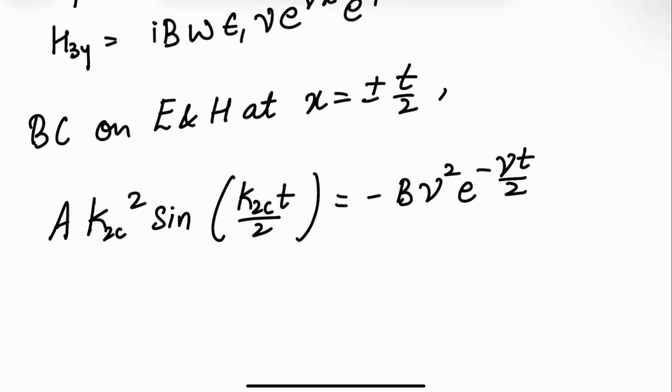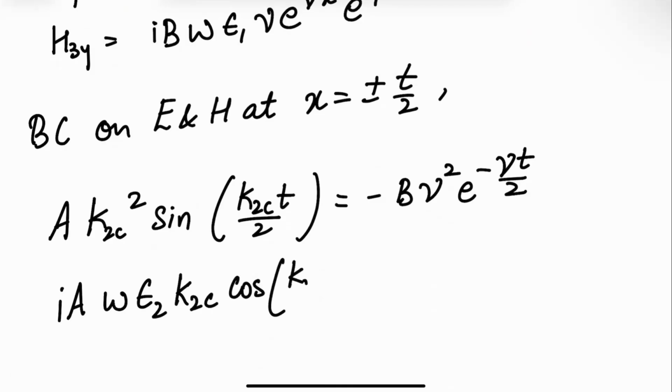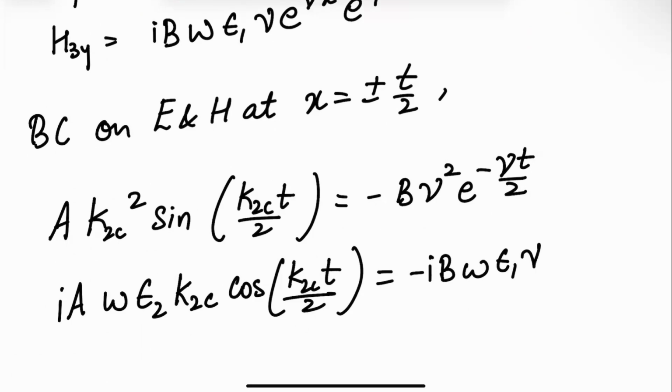And the magnetic field gives me I A omega epsilon2 k2c cosine k2c t over 2 is equal to minus I B omega epsilon1 nu e to the minus nu t over 2.